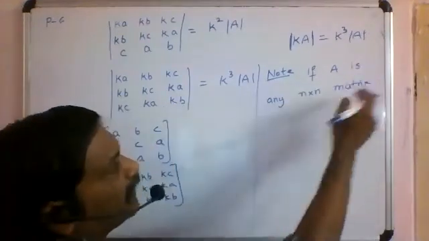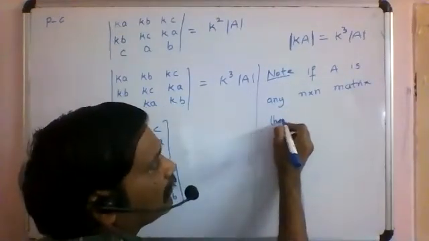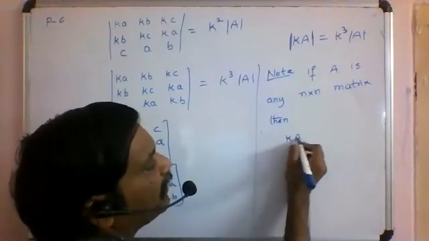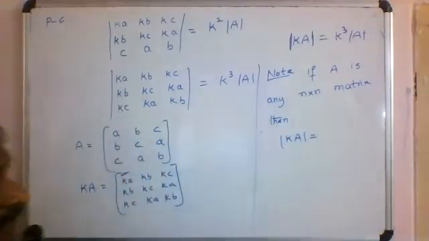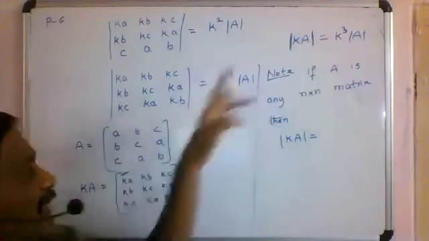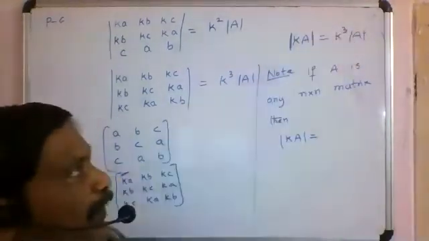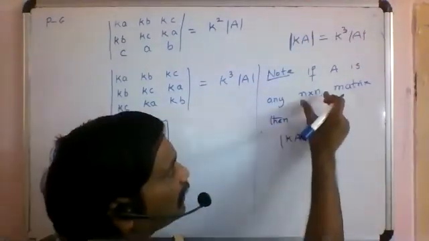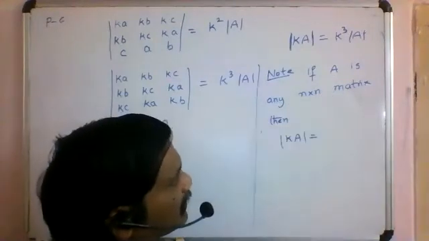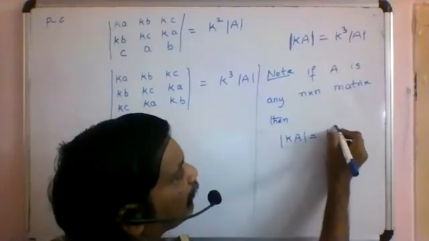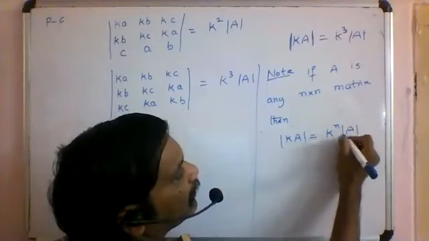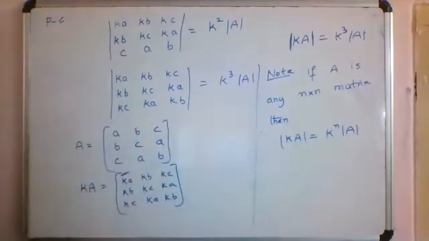If A is any n by n matrix, then what is determinant of KA? Here, since this A is a third order matrix, I wrote K cube, but here I mentioned A is an n by n matrix, so K power n should come, and det A should be written separately like that. You note down this one also.